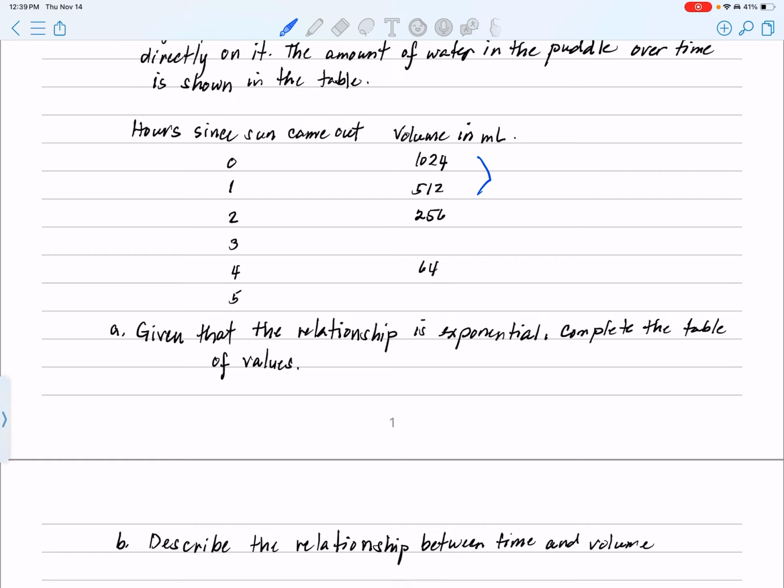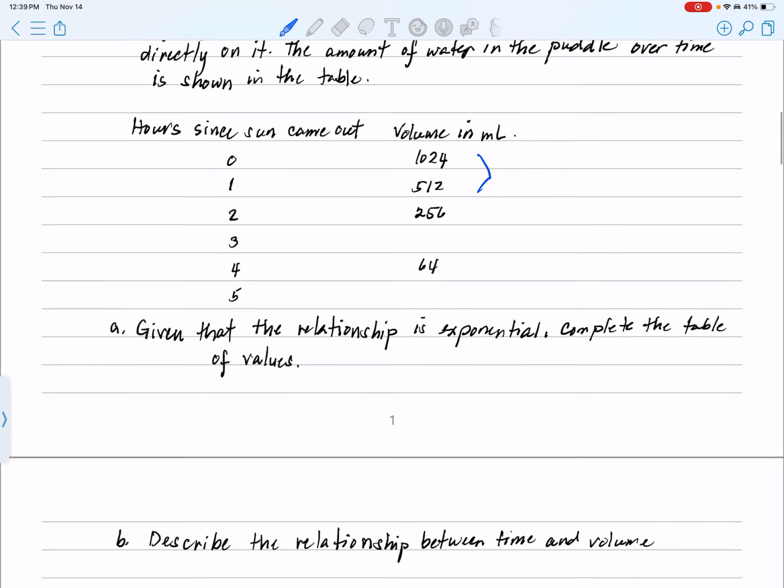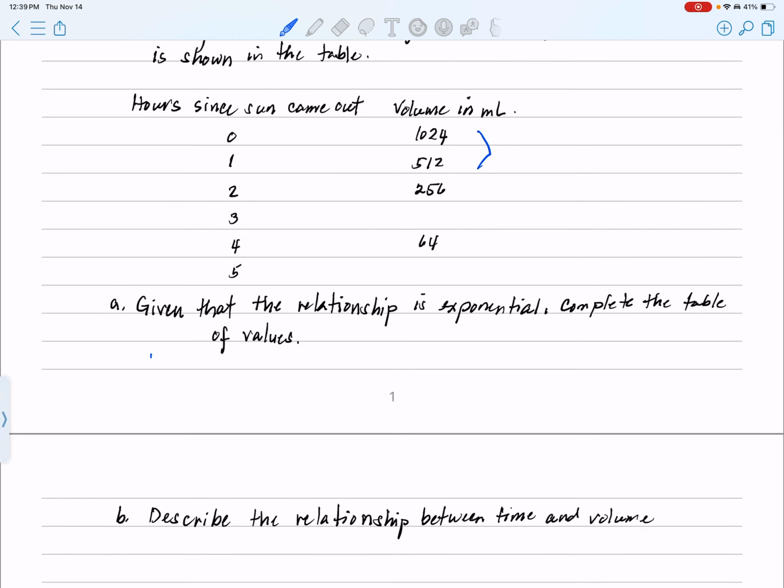If we want to get the value of b, we can have 512 over 1024, which is 1/2. Using the value of b, we know that the volume after 3 hours will be 256 over 2, which is 128.